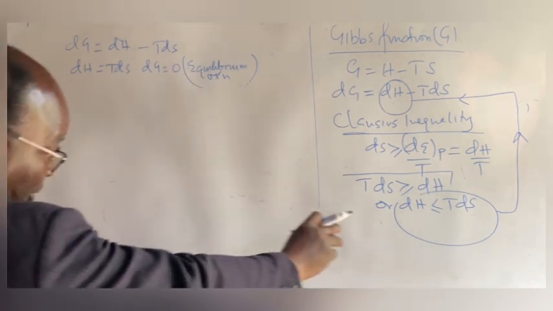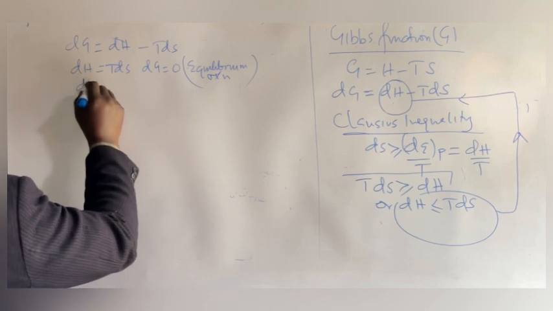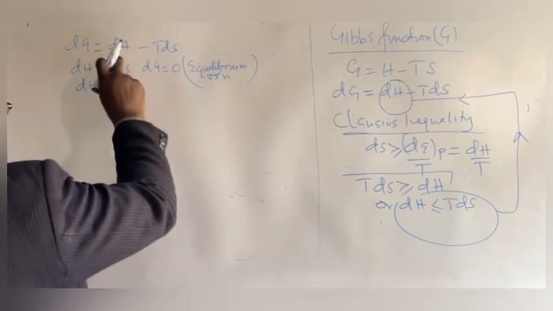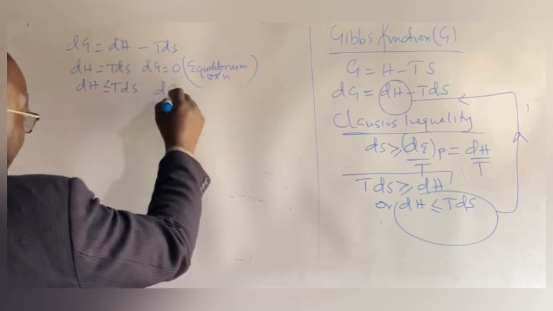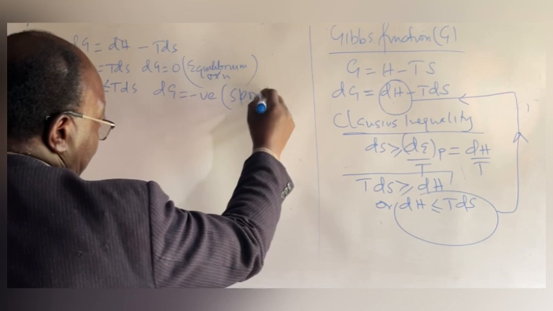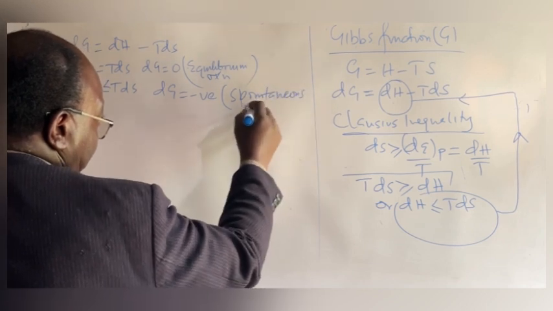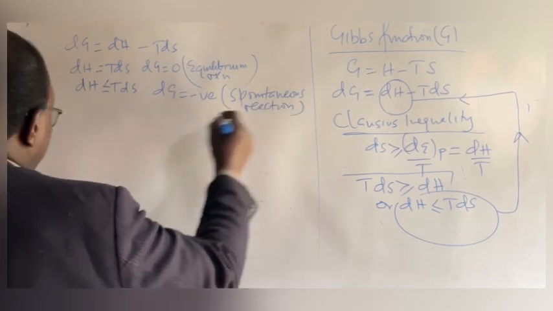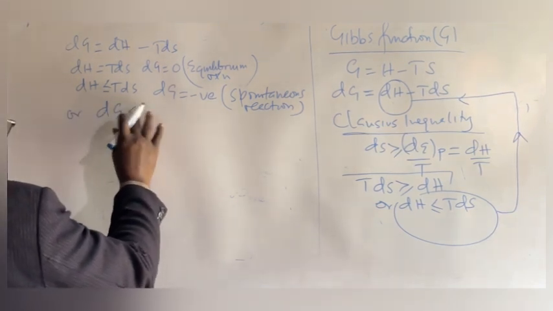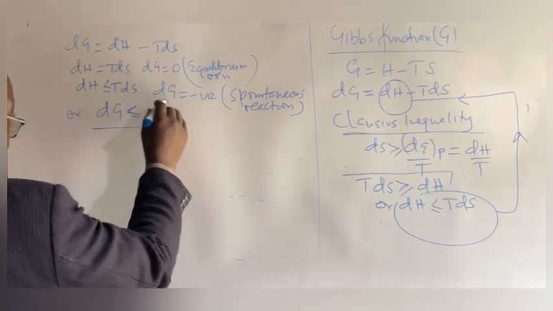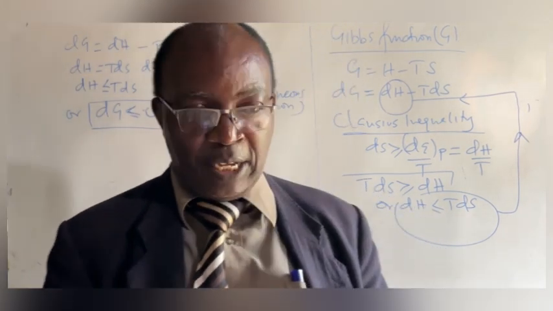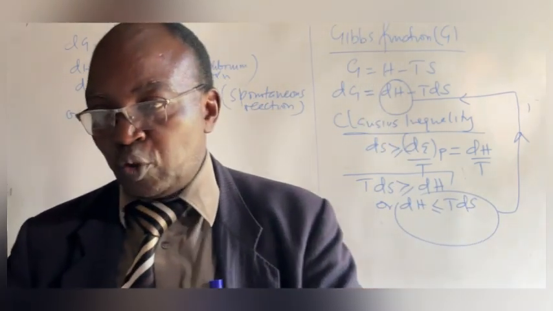Now, we are also saying if dH is less than T dS, then dG will be negative, and that's a spontaneous reaction. That is, when dG is less than 0, that's a spontaneous reaction, and that's the reaction we want. When you are having a reaction, you have some reactants, and you want them to go to products.